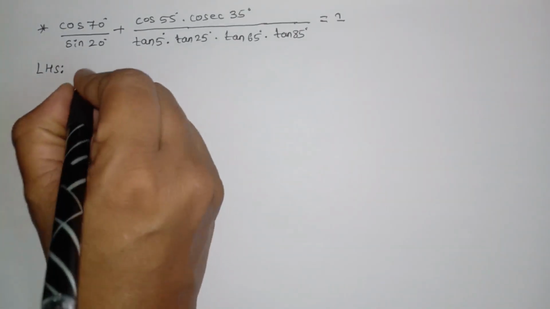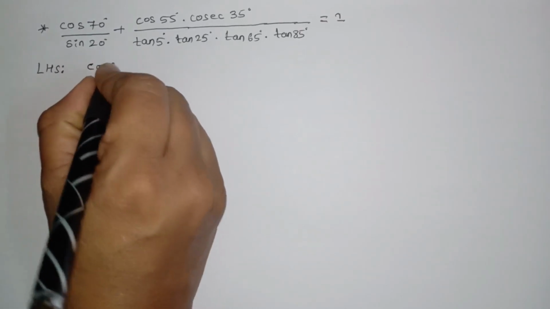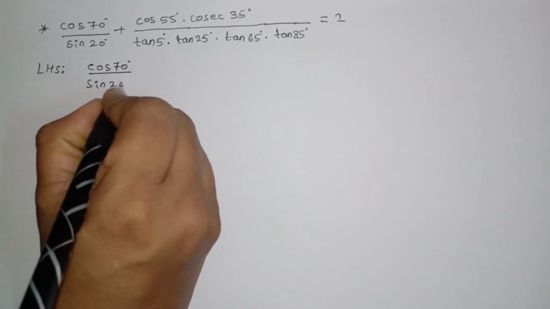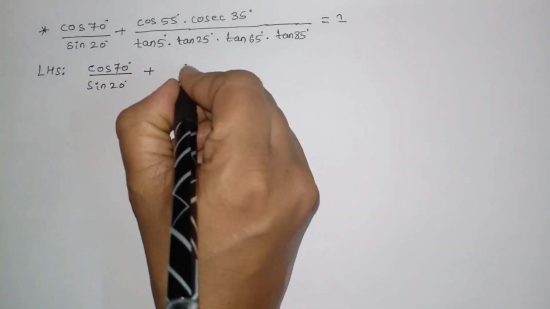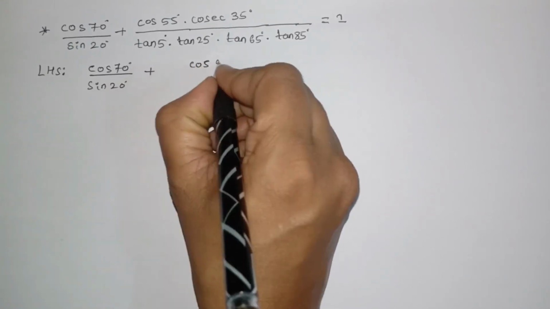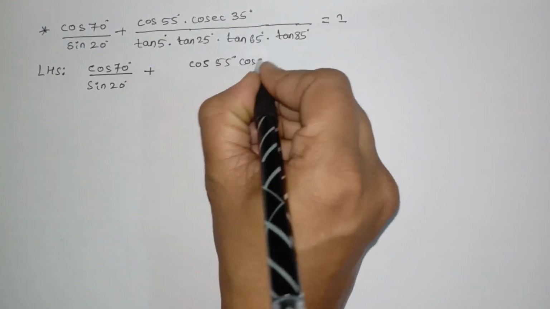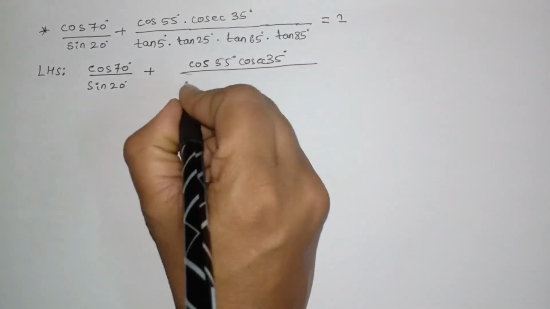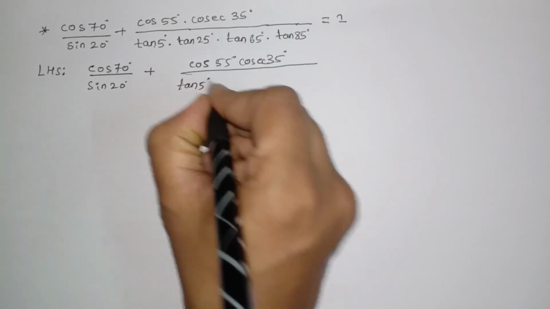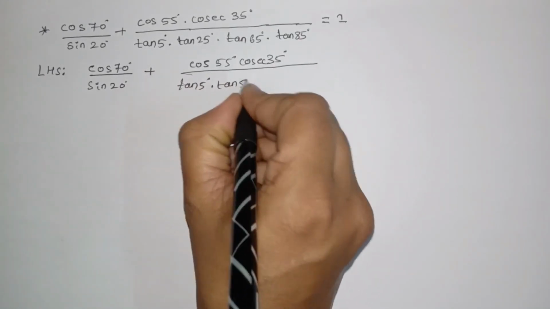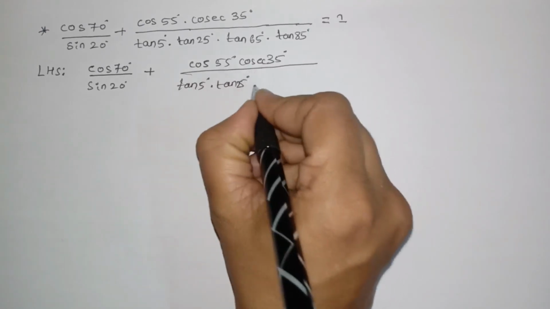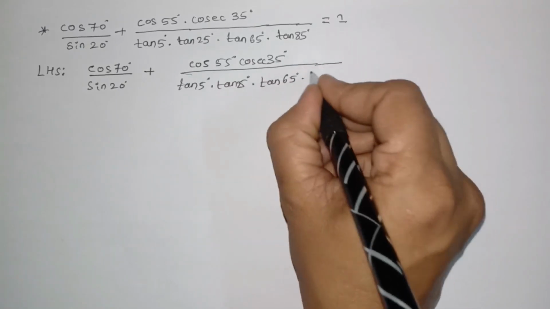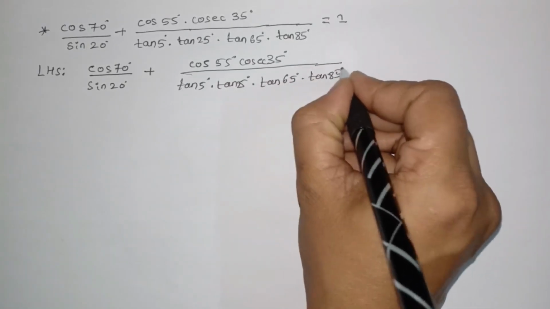See, in LHS it is given that cos 70 at the numerator and sin 20 at the denominator. Second term we will write cos 55 degree cosec 35 divided by tan 5 tan 25 into tan 65 degree into tan 85 degree.